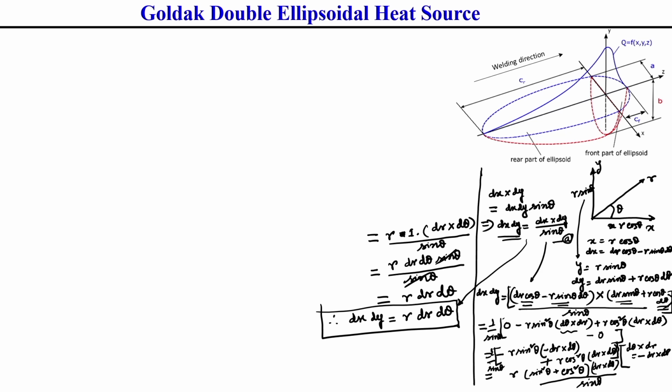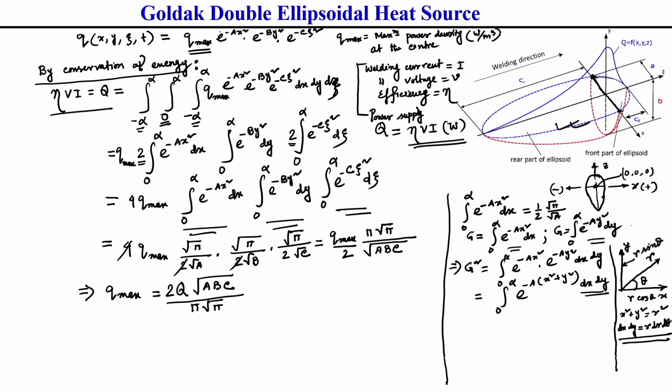Now we will go back to the previous slide. So, dx dy is coming as r dr d theta, that you got, as well as x square plus y square. I am representing 0 to infinity e to the power minus a r square. Instead of dx dy, we can write r dr d theta.